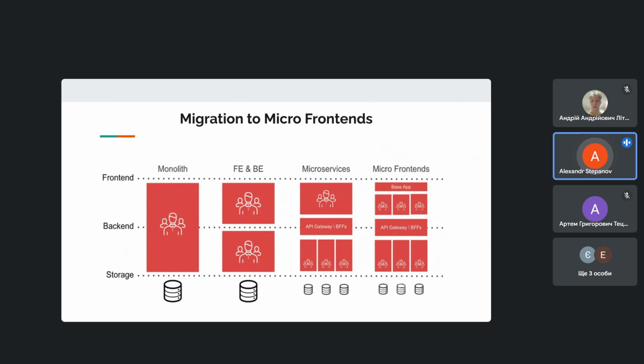But first, let us look at what challenges monolithic architecture brings and why you need to migrate to micro front-end. All components in a monolith are tightly coupled and interact directly with each other. Any change in one part of the monolithic application can affect the other ones, and the scaling of this application can be challenging.